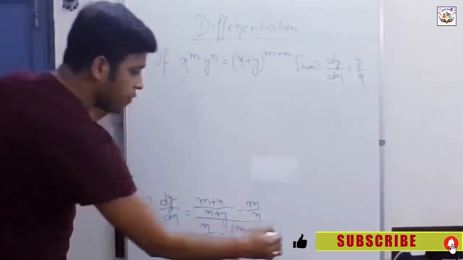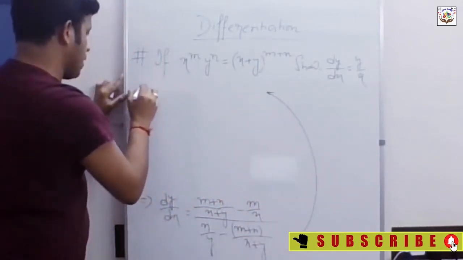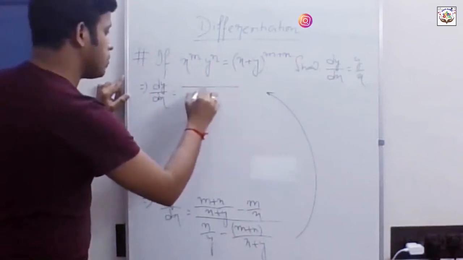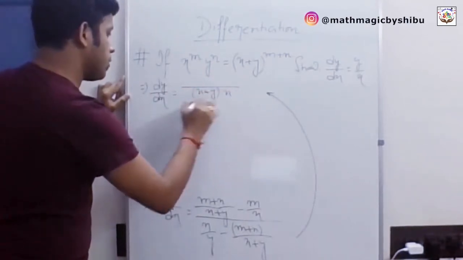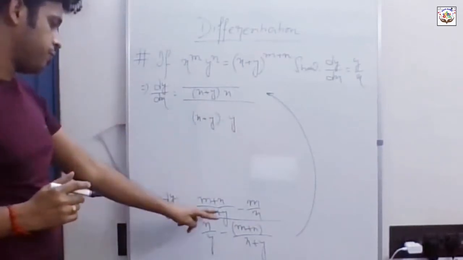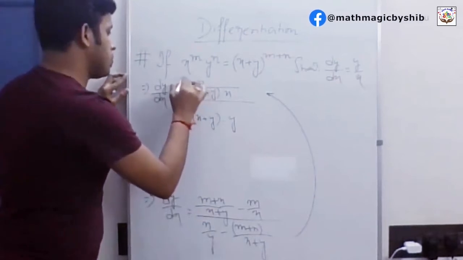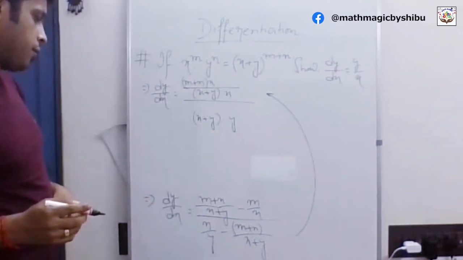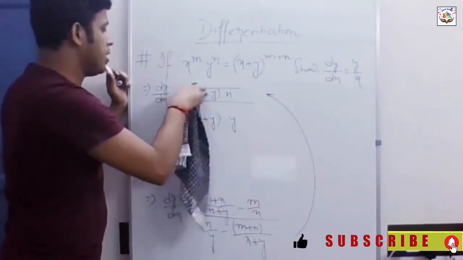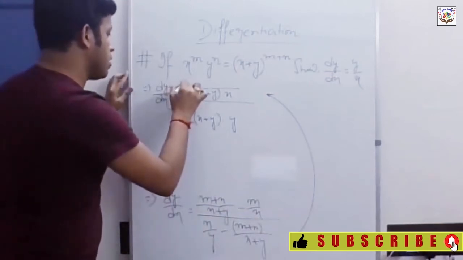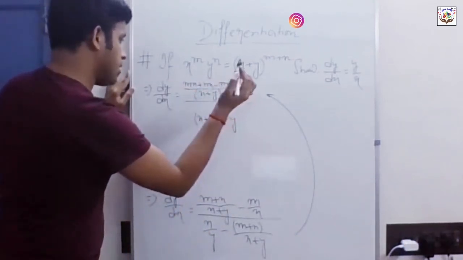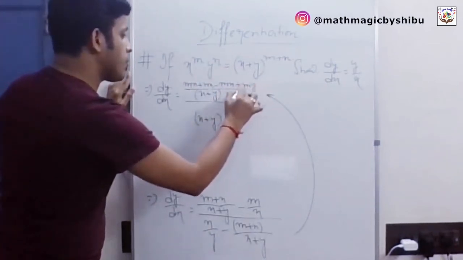Okay, so dy dx would be, let me break it, let me write mx plus nx minus mx minus my.